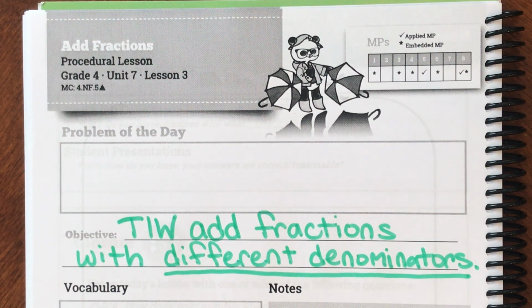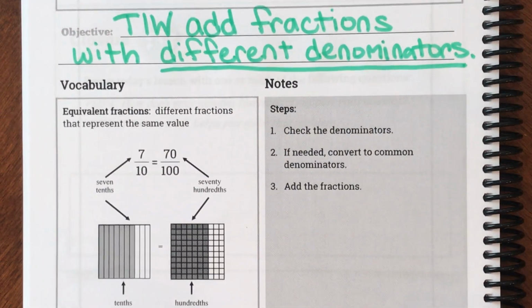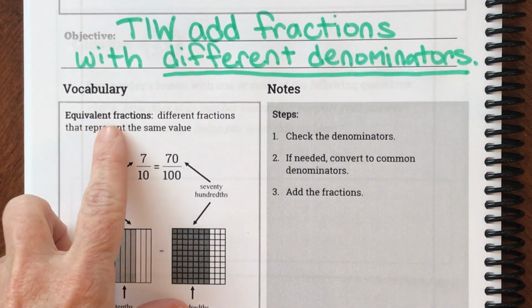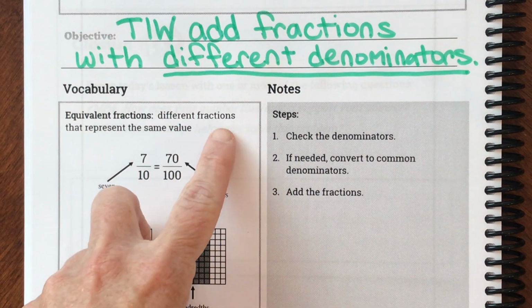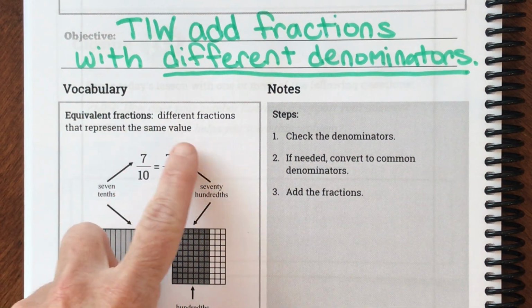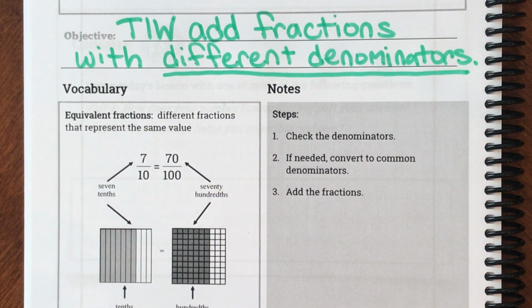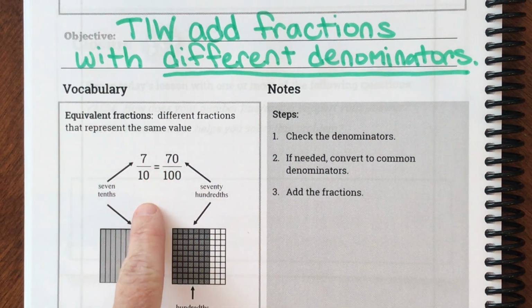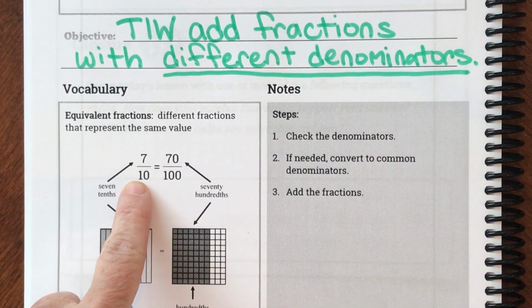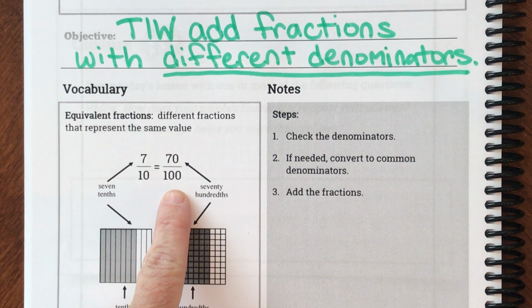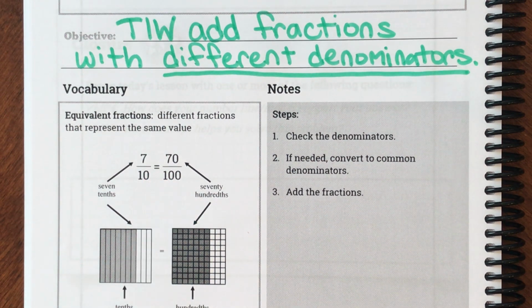Okay, so let's look at our vocabulary, and it's going to remind us about our last lesson. It says equivalent fractions: different fractions that represent the same value. And when they say different, they mean they look different. So 7/10 looks different than 70/100, but they put an equal sign because they're actually equal in value.